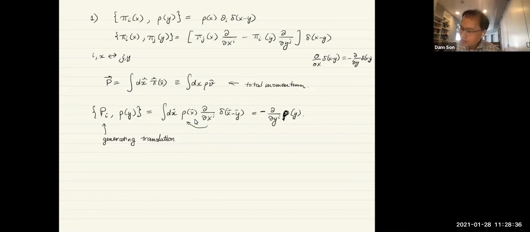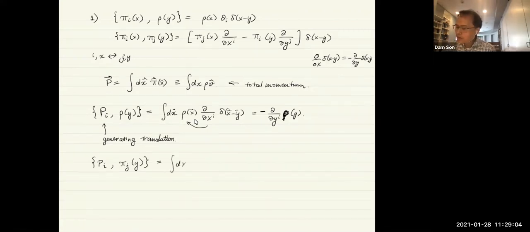One can also check the second formula: just integrate both sides over x, taking the second commutator, the bracket of pi i with pi j of y. Okay, so here I have to be a bit more careful.